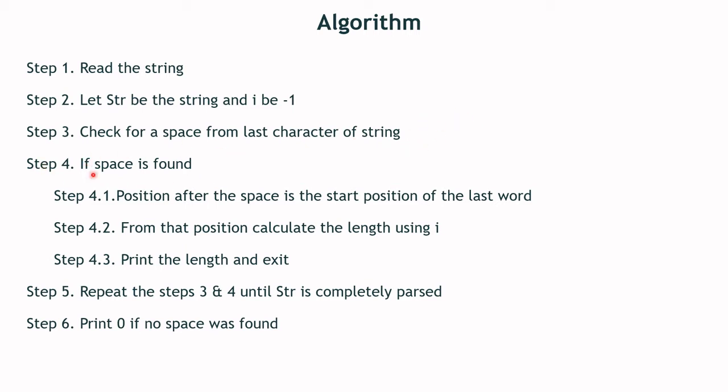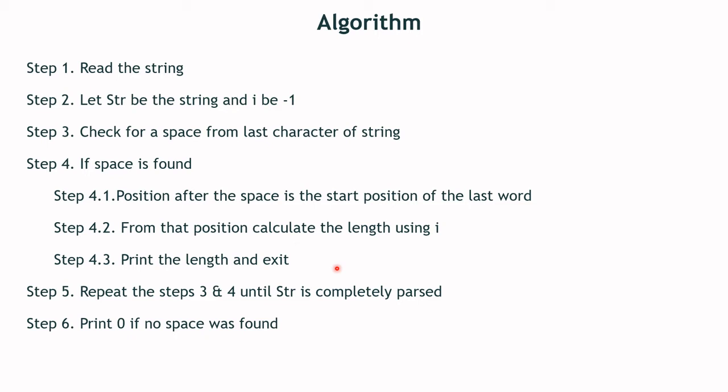If a space is found, we find the position after the space, which is the start of the last word. From that position, calculate the length using i, which starts from the last. Then print the length of the word and exit.